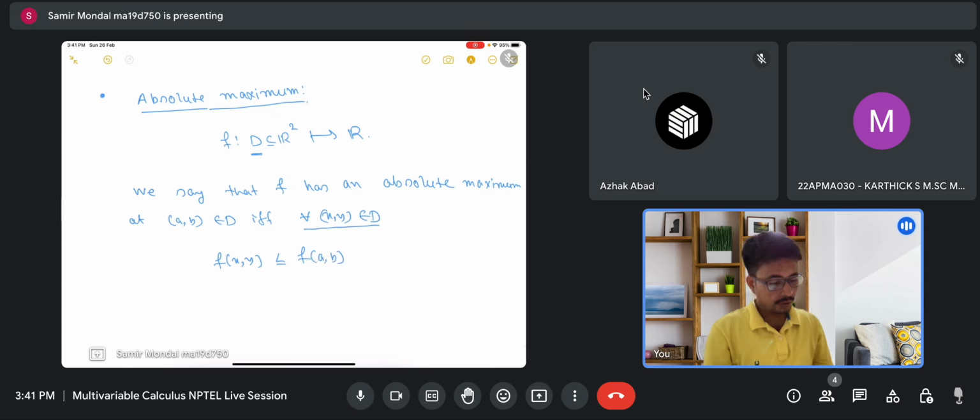So in the full region your f of (a, b) has to be the greatest functional value. Okay, it's fine. For local maxima we will check only the neighborhood of that point, and for global or absolute maxima we will check in the full region.